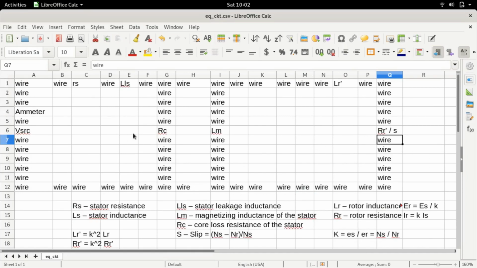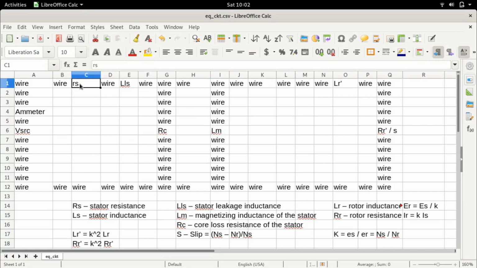Using that, we can estimate the core loss component, because all the losses in the motor at no load are usually the core loss component. And by measuring the current that is drawn by this motor, we can also estimate the magnetizing inductance.